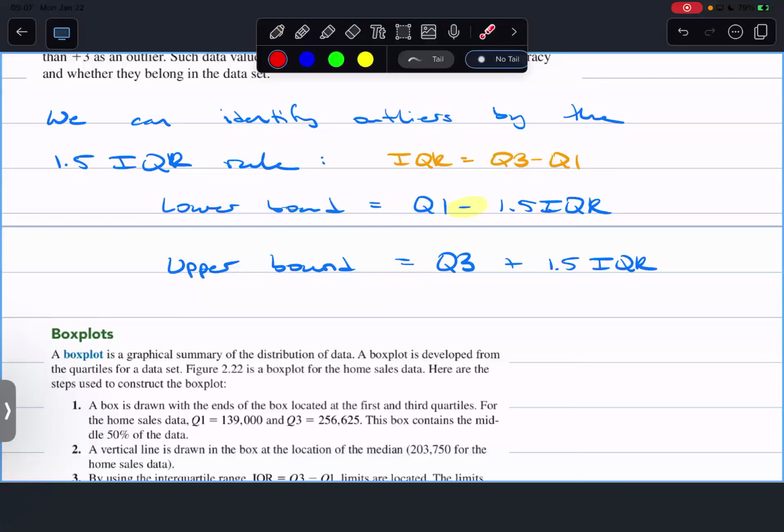To say, hey, you're an outlier because you're outside these lower or upper bounds, right? We can have outliers on the lower end, we can have outliers on the upper end.